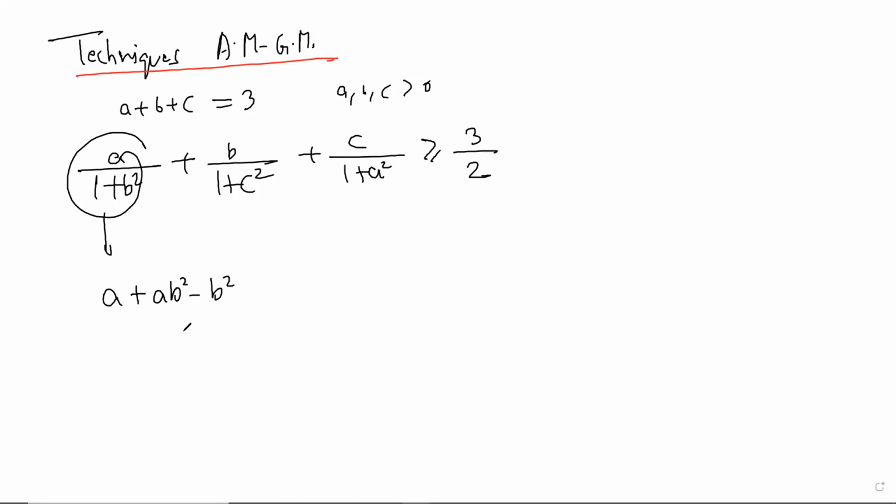What I'm trying to do is take out something and be left with a negative. So as you can understand, this will be equal to a, and this will be equal to a minus this.